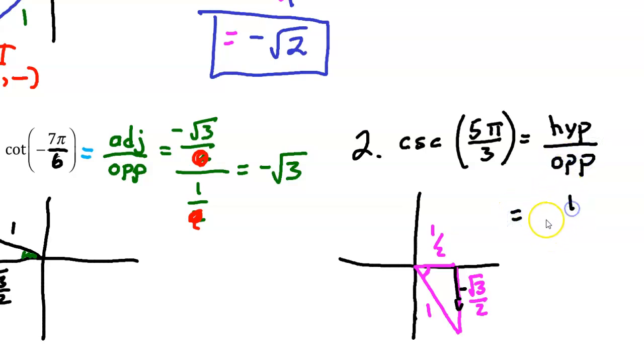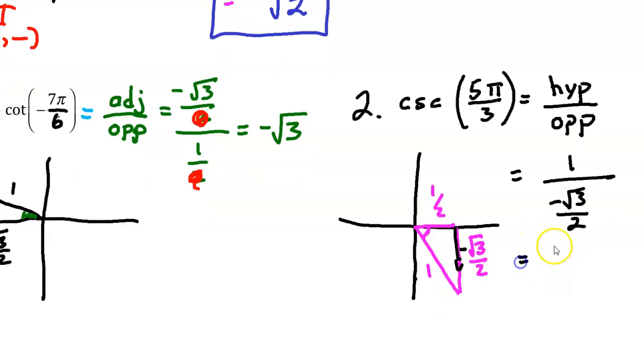We've got 1 over opposite, which is negative root 3 over 2, which is just the reciprocal. Oh, wait a minute, that's wrong. It's the reciprocal of negative root 3 over 2. So we get negative 2 over root 3, and then rationalize.